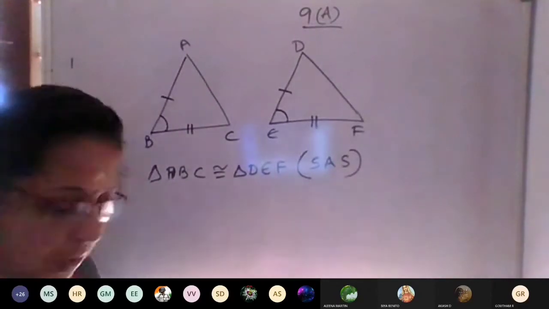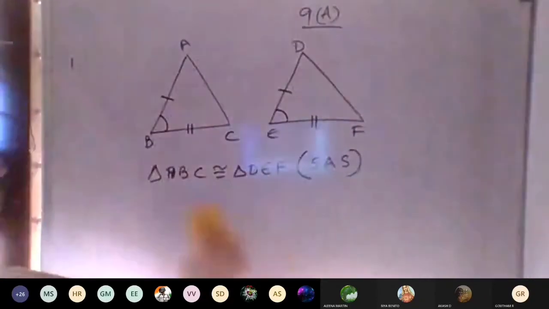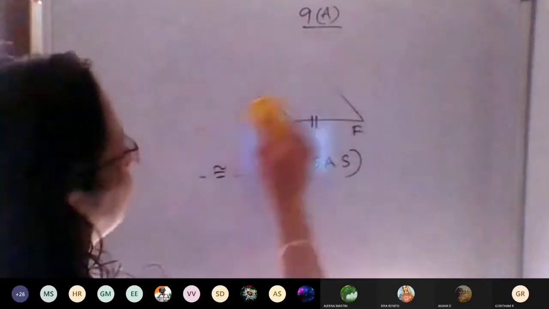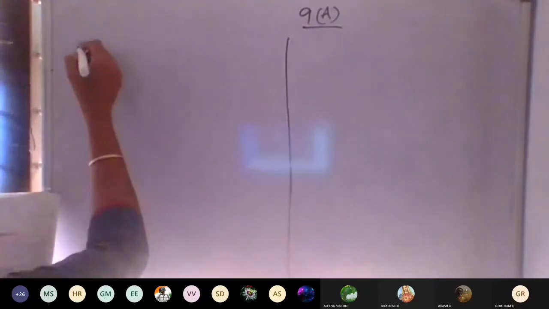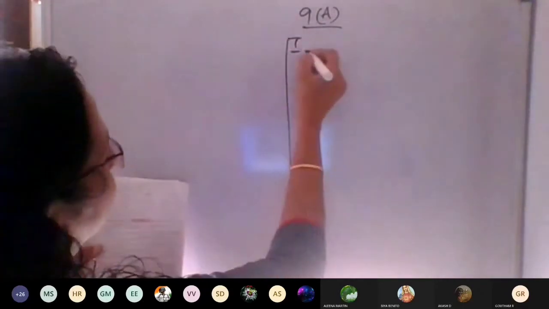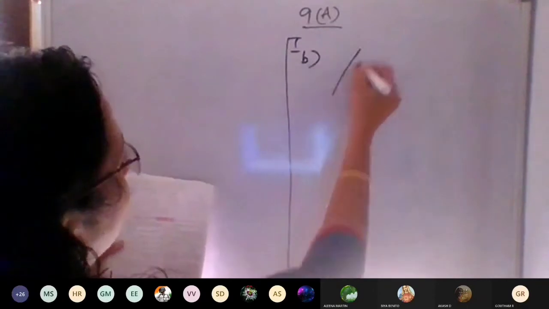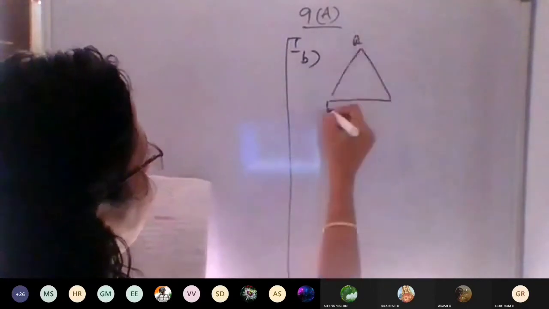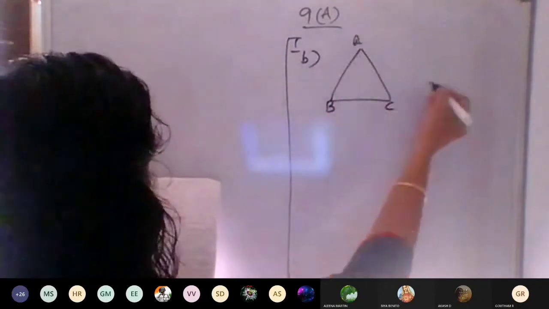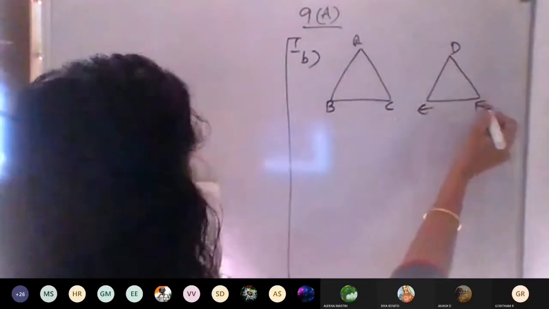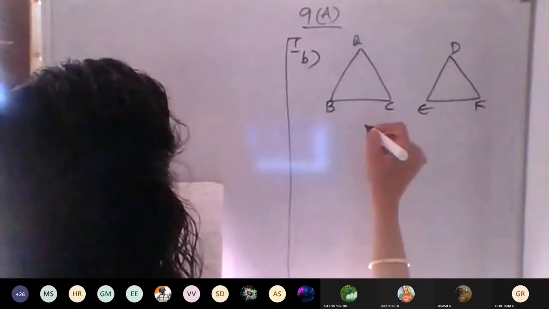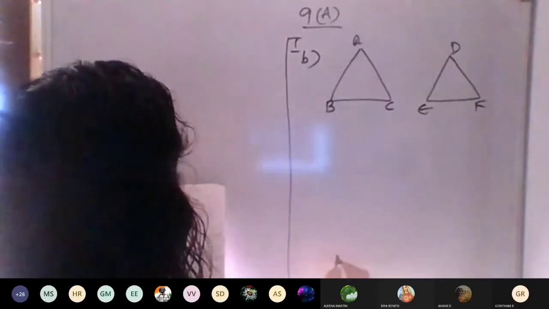Question number B, the second one. Triangle ABC, triangle DEF. Angle B is equal to angle E is equal to 90 degrees.